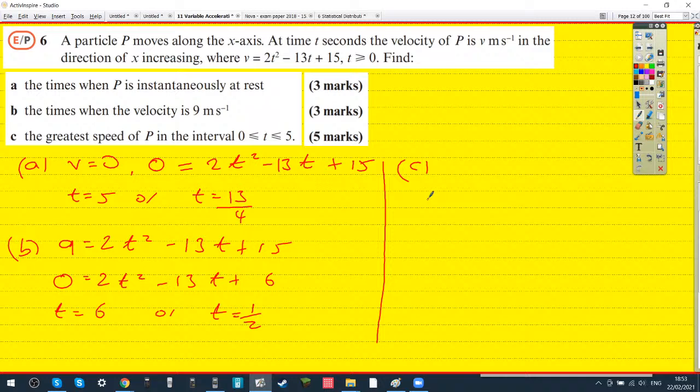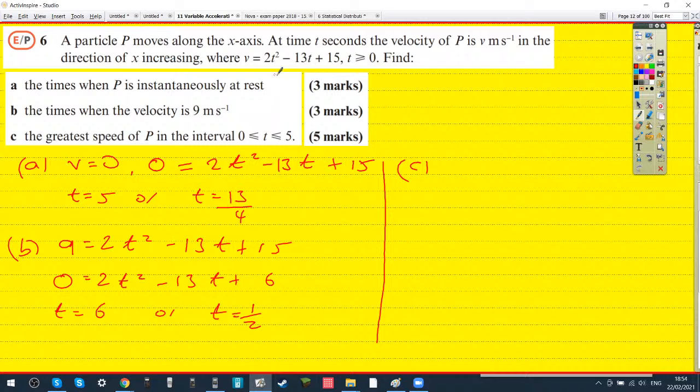And for here, I think I need to do... Oh, I can just put this into a graphical calculator, can't I? Yeah, I don't like the look of that, 5 marks though. But they haven't really given us... You can use table values, graphical. What they really should do, I think, is a method that's in the next section, which is you would differentiate again, make it equal to 0 to get the maximum.